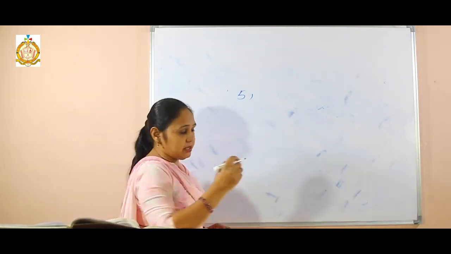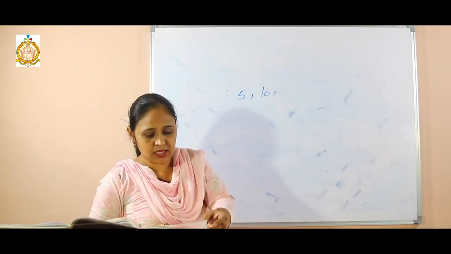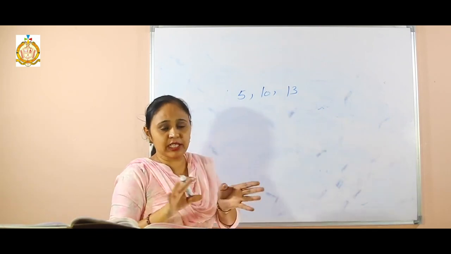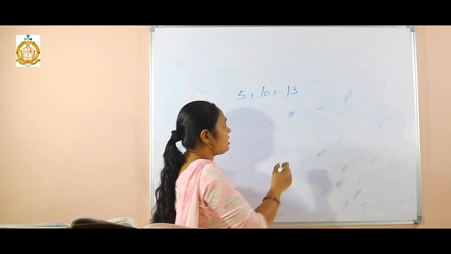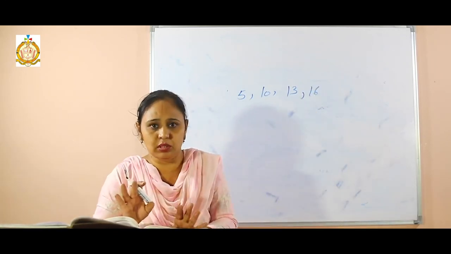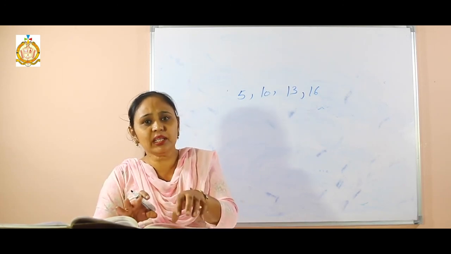Then sum number 10, sum number 13, that belongs to external and internal, same concept is there. Then the last sum number 16. I am going to solve only 4 sums, you have to solve. So please try to do it, because when you solve it now, then you can understand the concept.